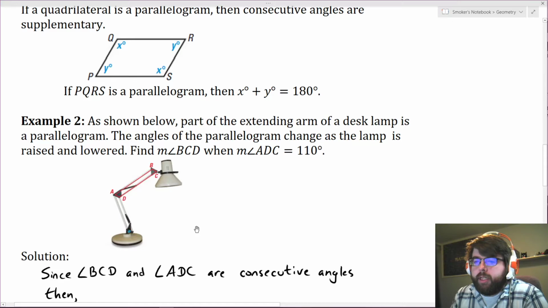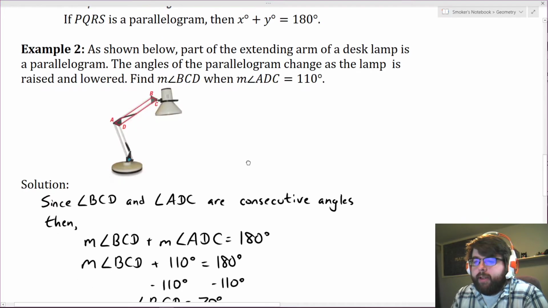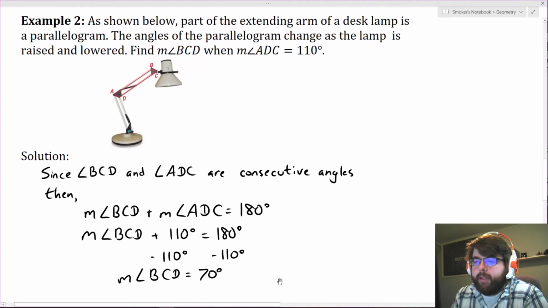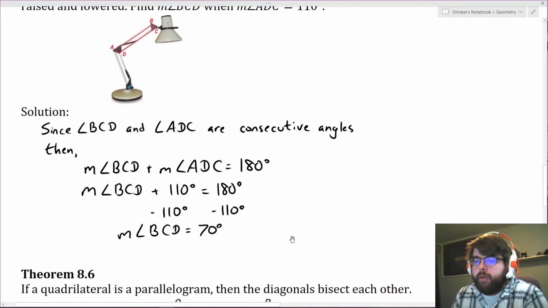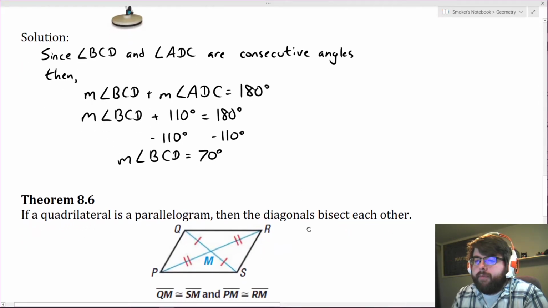They've given us angle D. Well, we know that these two have to add up to 180. BCD plus ADC have to add up to 180. And we know that ADC is 110. Just have to subtract 110 from both sides, and I get BCD is 70. Pretty straightforward stuff there. Okay.